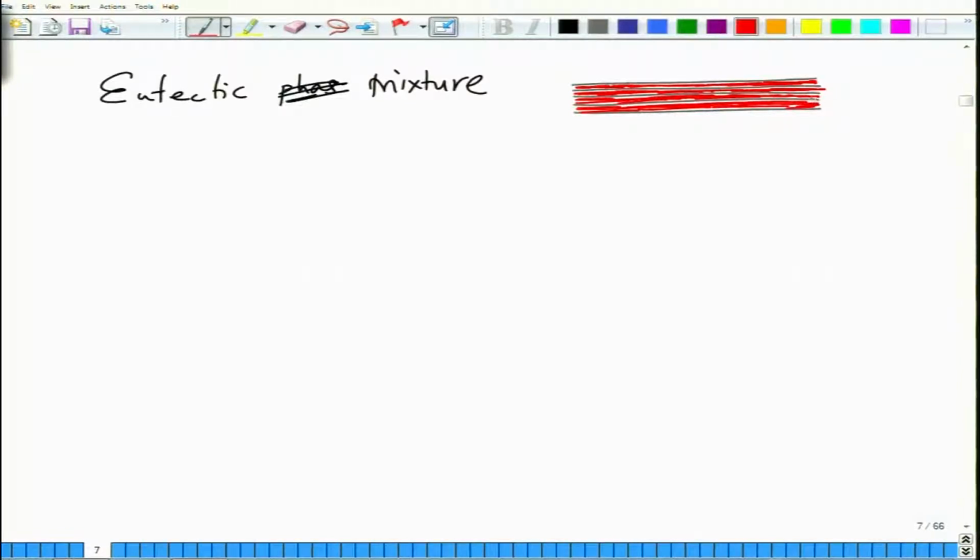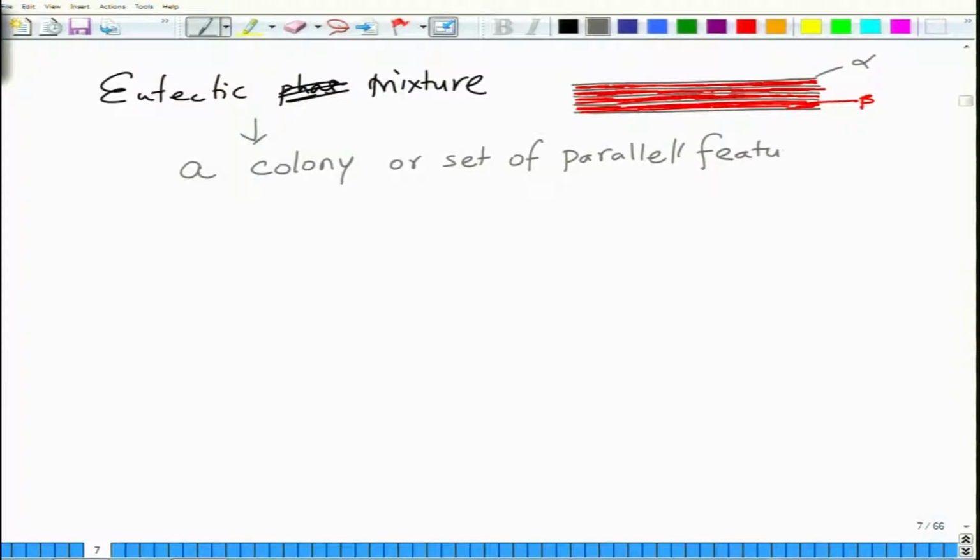The red one is beta here and the gray one is alpha. So the eutectic mixture is basically a colony or set of parallel features, which are called lamellae. So these are alpha and beta lamellae which grow parallel to each other.